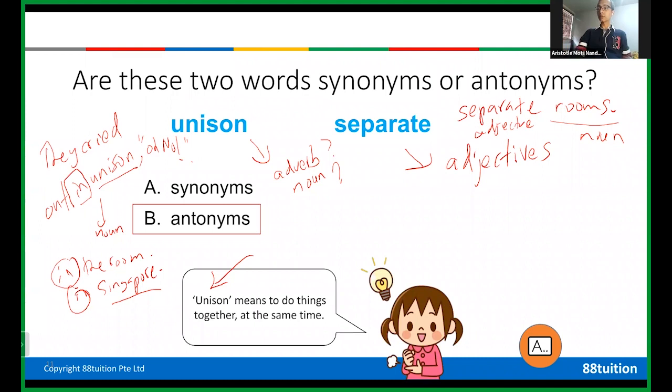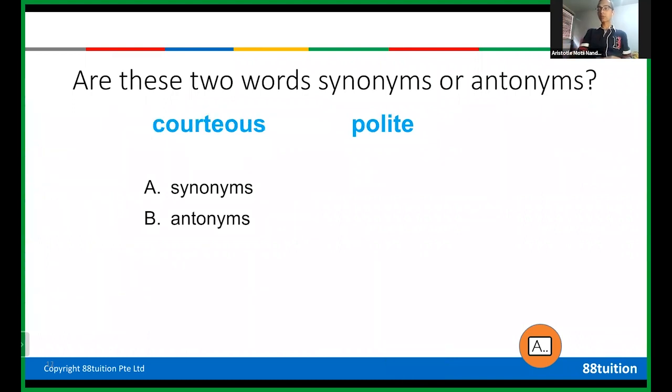Now, coming back to the next two words, courteous and polite. So the polite boy, the courteous boy, yeah, we know the meaning, right? Both mean well-mannered, respectful.